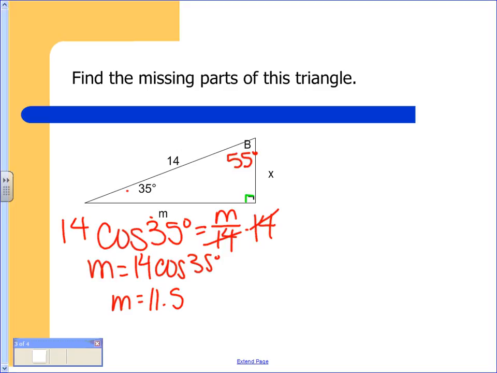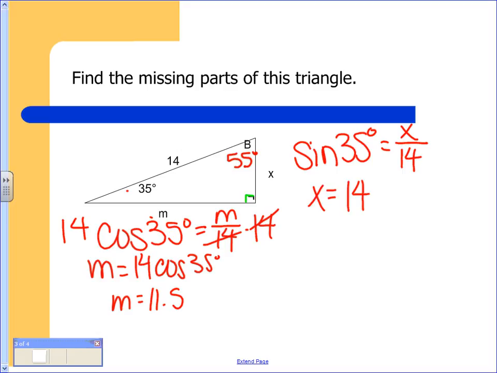Okay, so how can we find x? Okay, sine of 35. What is the sine? Opposite is what? What is our hypotenuse? So what would x have to be? So 8.